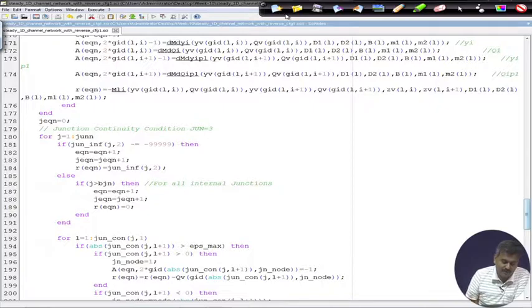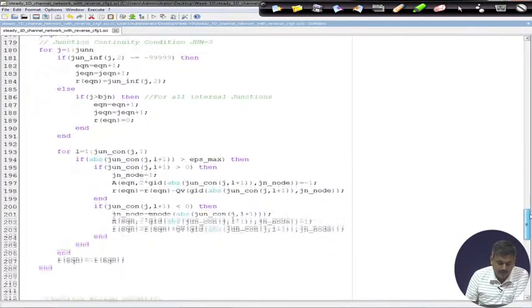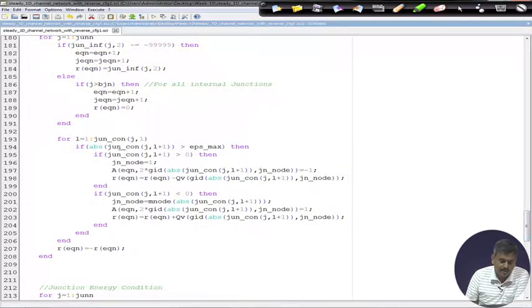Now, after specifying that value, we need to consider L starting from 1 to junction continuity J1, that is the first column, which contains the number of channels present in the junction.